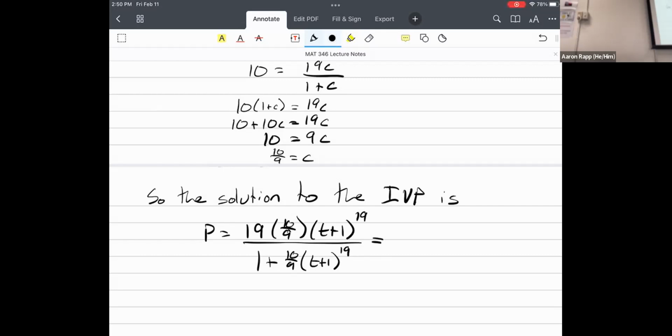Let's see, factor out a 9. So it'd be 1/9 times (t plus 1) to the 19th over, factor out a 10/9 in the denominator, leaving a 10 divided by 9 in the numerator, plus 9/10.